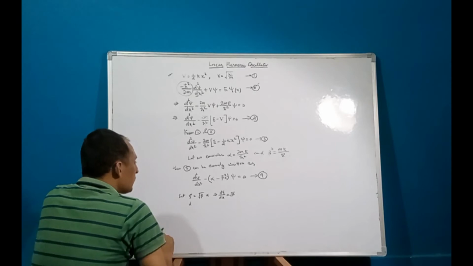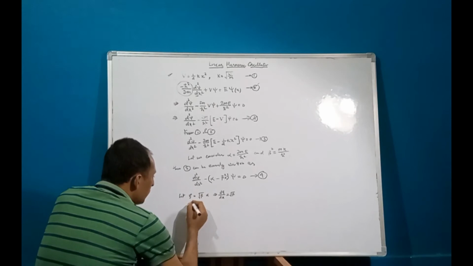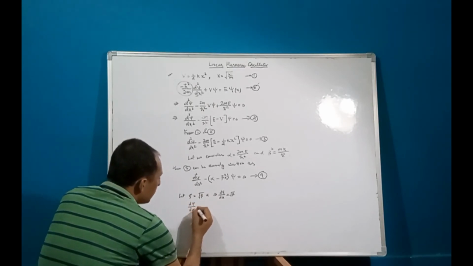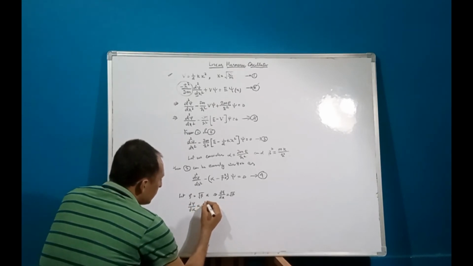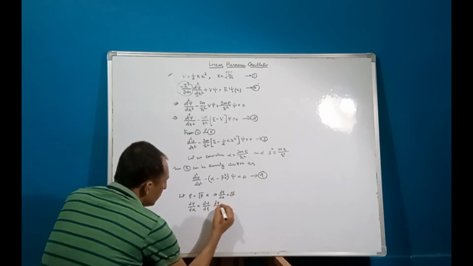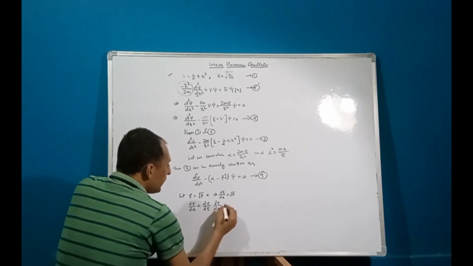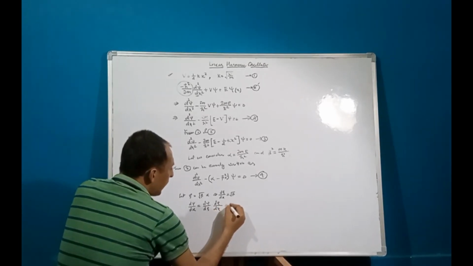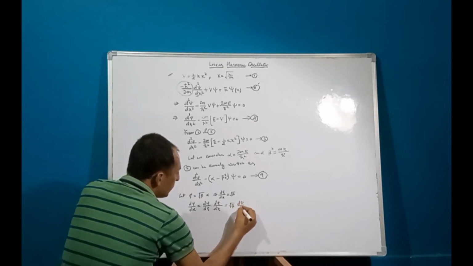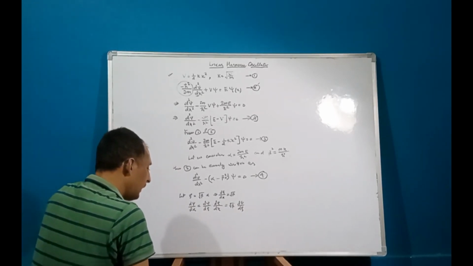For that purpose, we have considered d xi by dx is equal to root beta, and now we will calculate the first order derivative of psi with respect to x, and that can be written as d psi over d xi multiplied by d xi divided by dx. We have already calculated d xi by dx, so we can write it as root beta and then d psi over d xi. So we have calculated d psi over dx in terms of d psi over d xi.